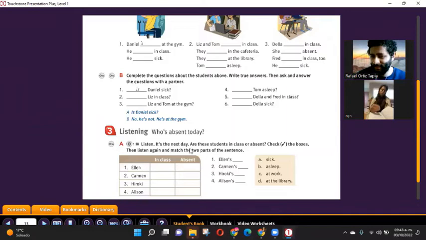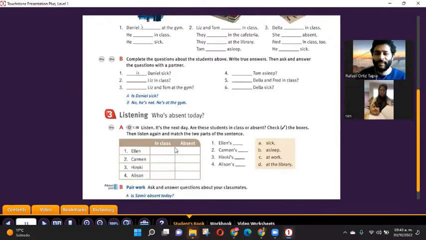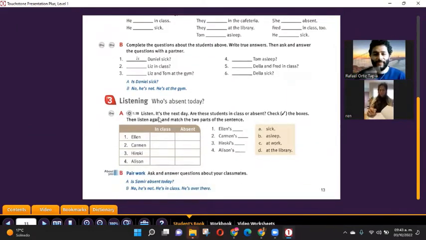So it says here, listen. Would you mind reading the instruction, please? Yes. Listen. It's the next day. Are these students in class or absent?